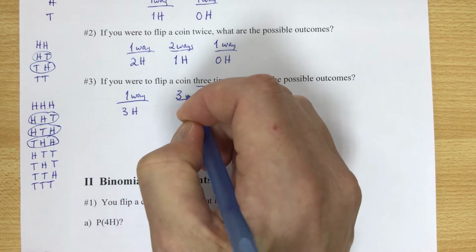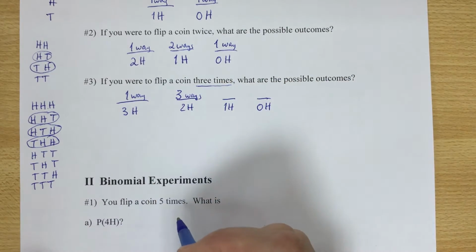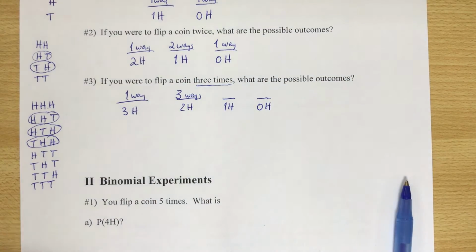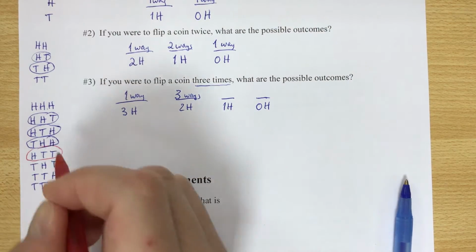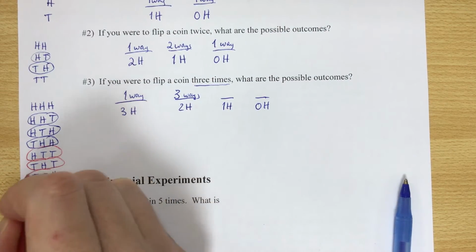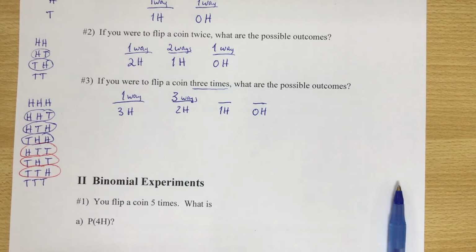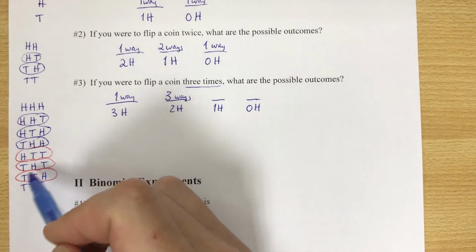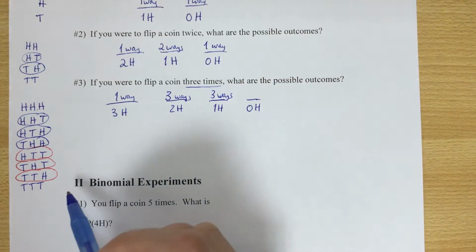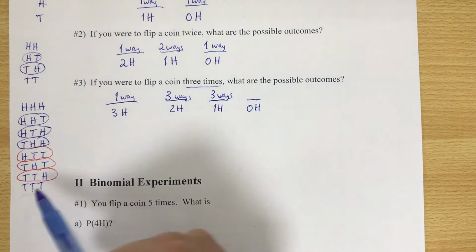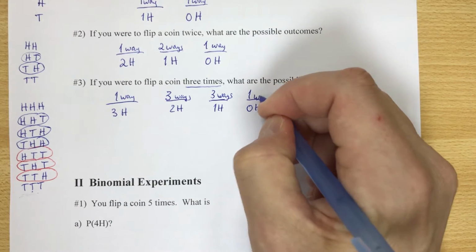So 3 ways to do that. To get 1 heads would be HTT, THT, TTH. So there's 3 ways, 1, 2, 3 that I circled. And then to get no heads means we get all tails. There's 1 way to do that.